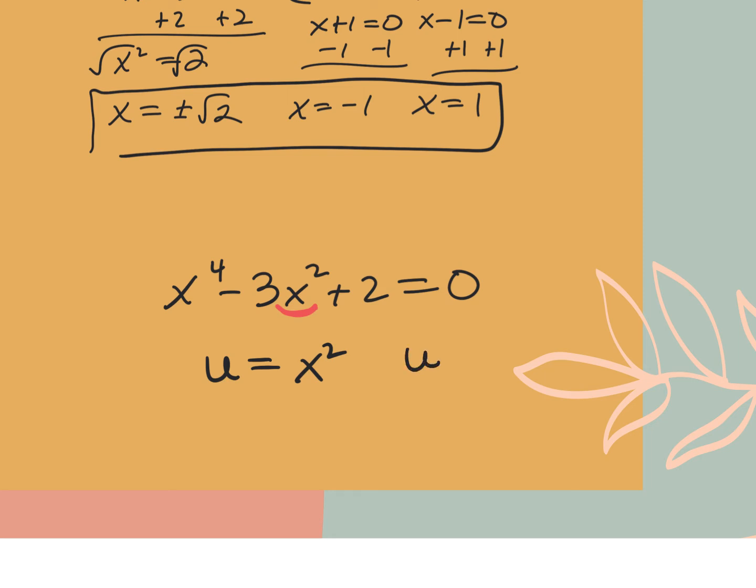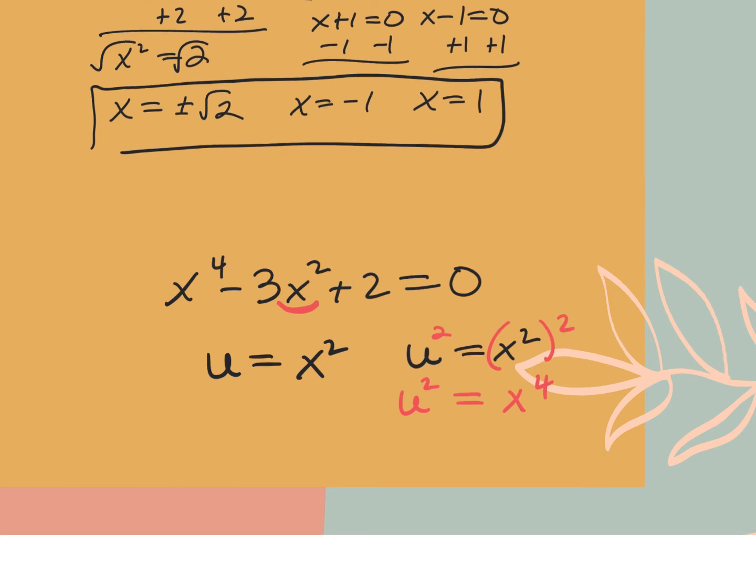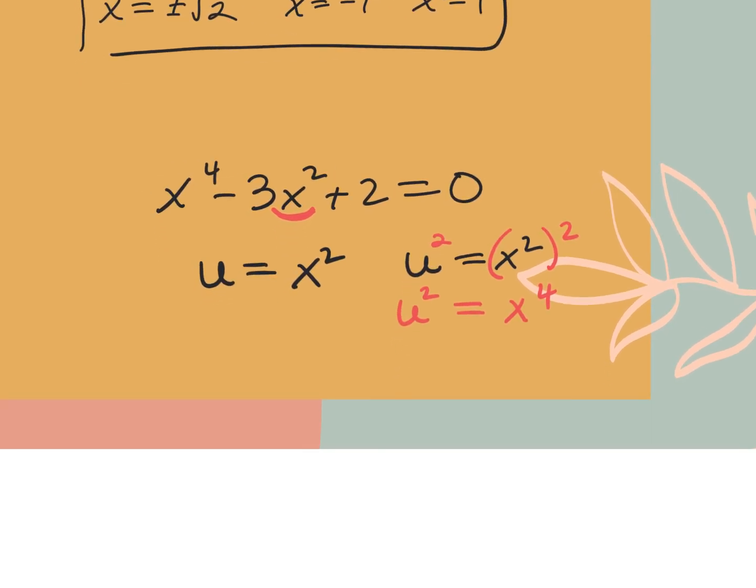So if u is equal to x squared, and then I square the u, that's how u squared is really x to the 4th. So now let's go ahead and replace wherever I see this. I'm going to replace the x to the 4th with a u squared. I'm replacing this x squared with a u.